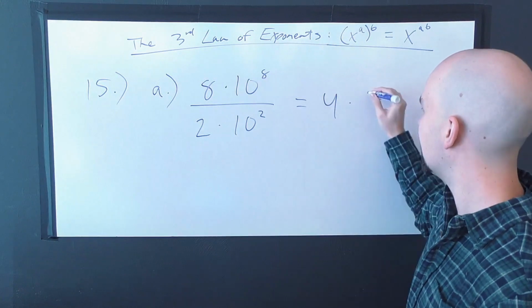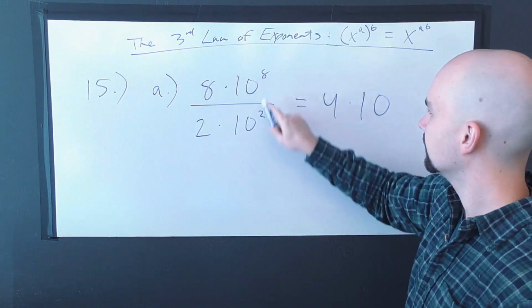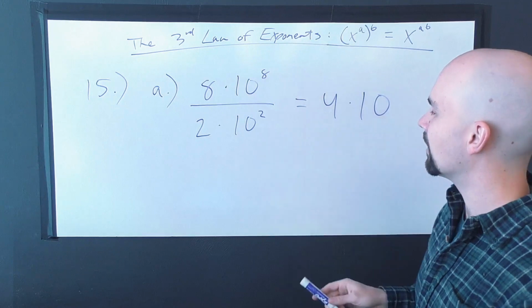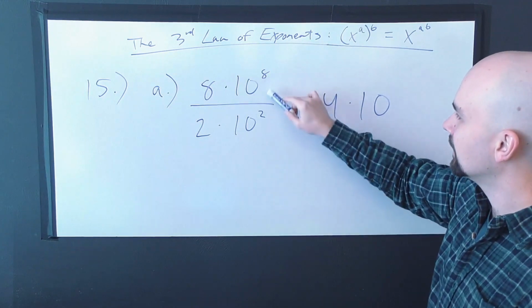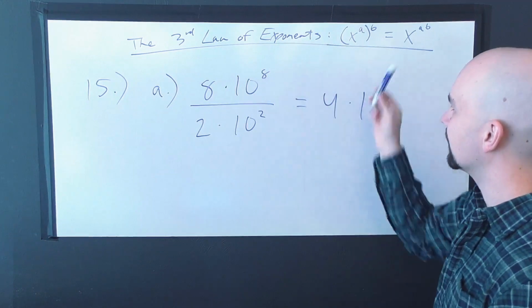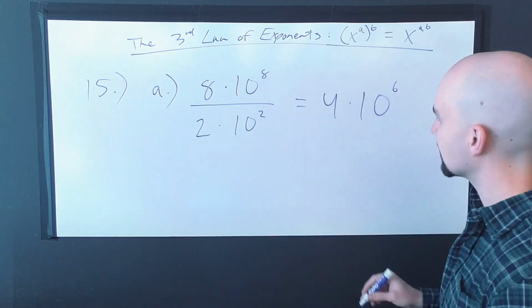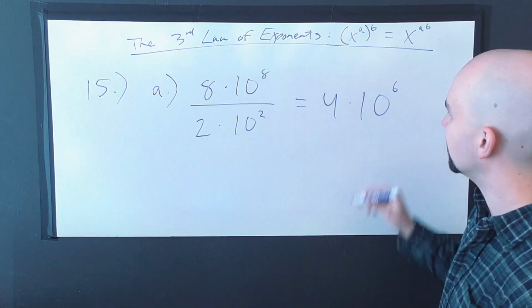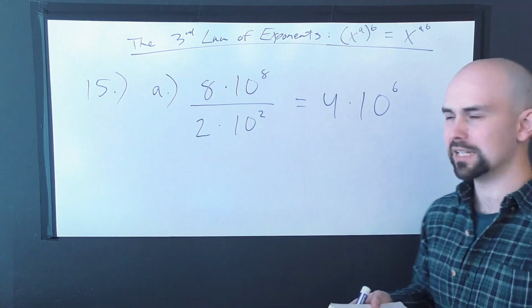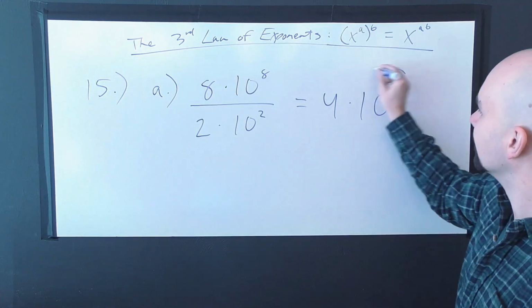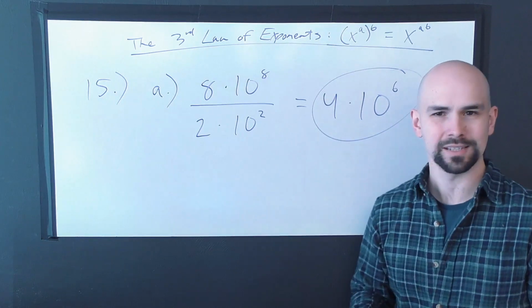That's 4. Times 10 to the power of 8 divided by 10 to the power of 2. So subtract 2 from 8 using that second law of exponents. And so what's 8 minus 2? 6. So that's my answer, because I can just keep it in scientific notation for this lesson. 4 times 10 to the power of 6.